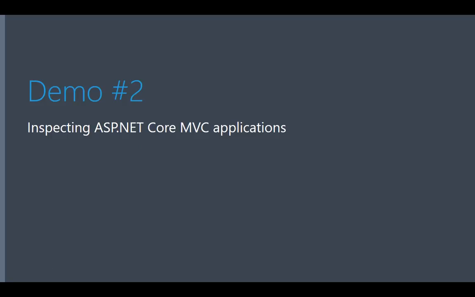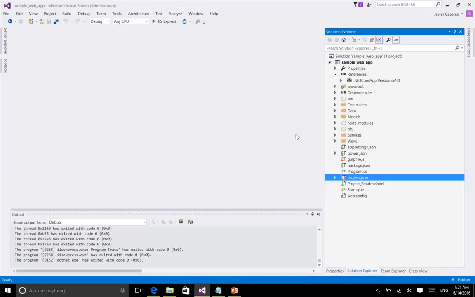So let's go back and let's have the second demonstration. Let's go back to our code editor, and during this demonstration we are going to inspect an ASP.NET Core MVC application. If we go back here, we will notice that there are 3 folders.